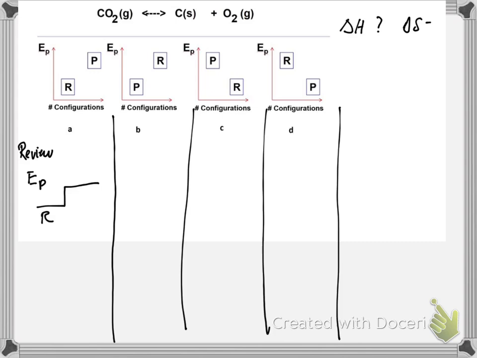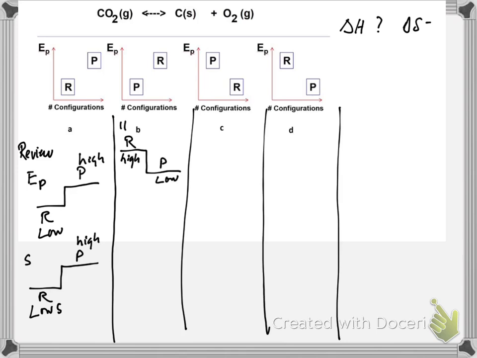So just for review, this is the change in potential energy for option A, change in entropy for option A. They're both increasing. In B, they're both decreasing, right? So in entropy, you're going from high to low. Entropy, high to low, energy in option B. And in option C and D, they're different, right? And so let's take a look.